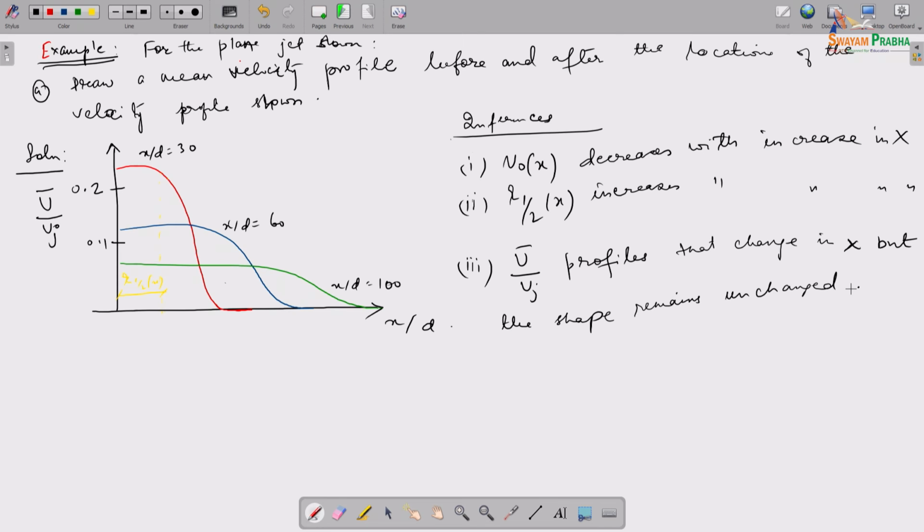The shape does not change, right? So, then how should I draw this? So, let's go to, okay, we can do it here also.